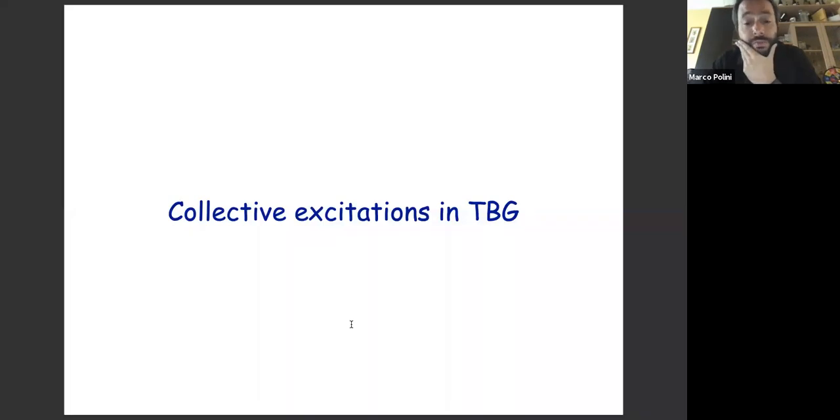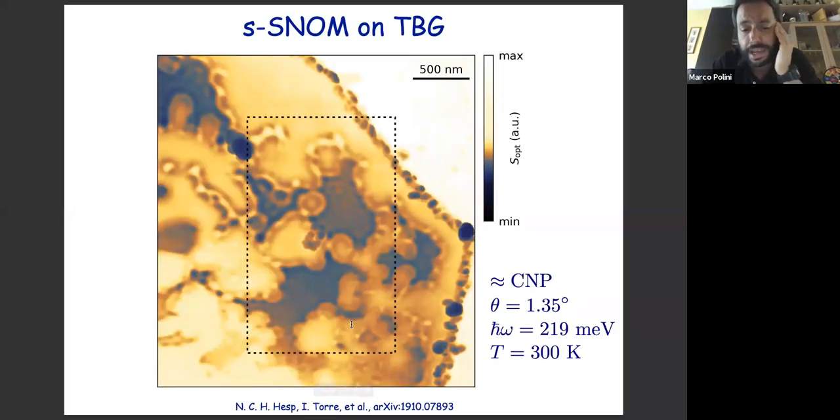I will try to convince you that there are fundamental differences with ordinary, simple, trivial intraband plasmons. The collective modes you excite are interband modes, which carry very useful information, in our opinion, on the remote bands, and so that's what I wanted to convey.